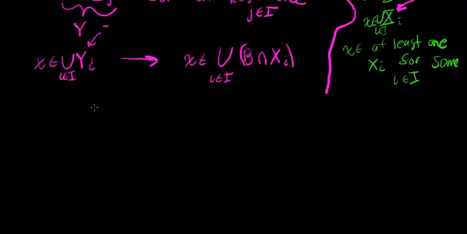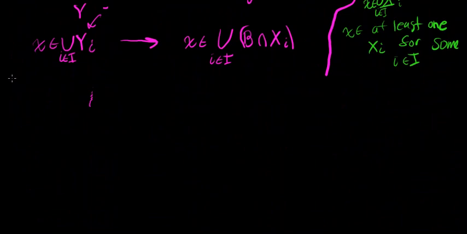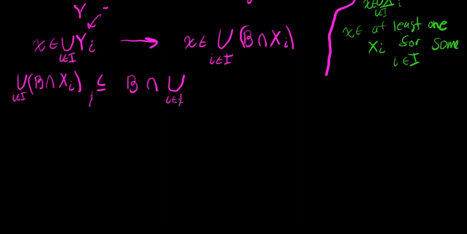So let's go the other way, where we're going to show that the right-hand side set, the union for all i in I of B intersect x sub i, is a subset of B intersect the union of i in I of all x sub i.